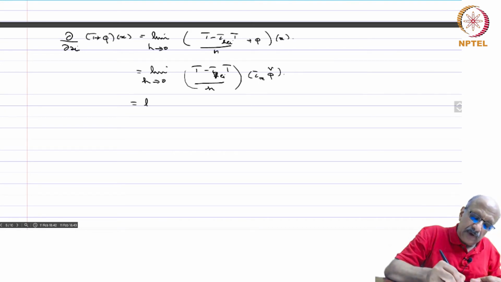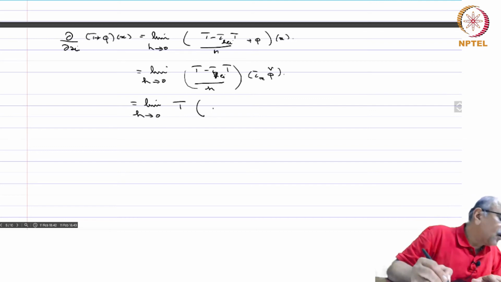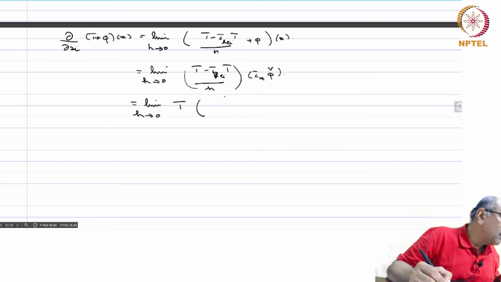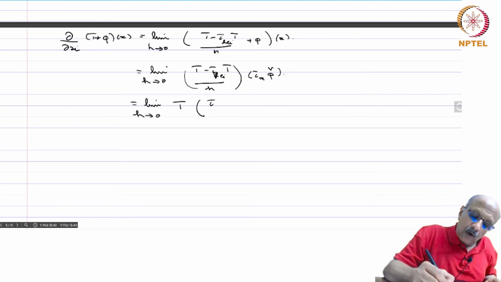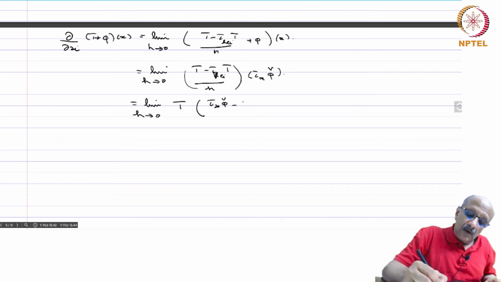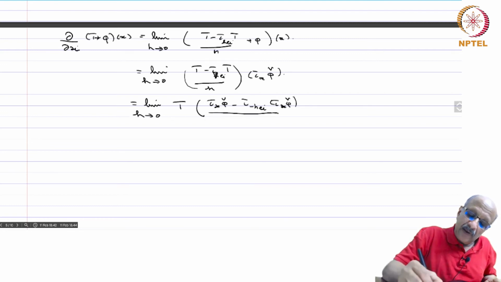which is equal to the limit as h tending to 0 of T acting on tau x of phi, cheshire, minus, so we are taking the translation of T, this is minus tau of minus h ei of tau x of phi, cheshire, by h.